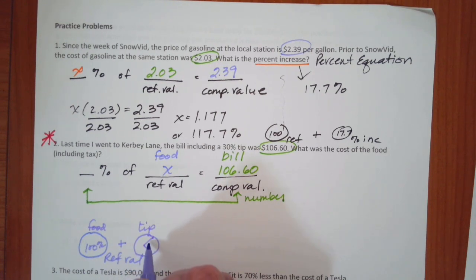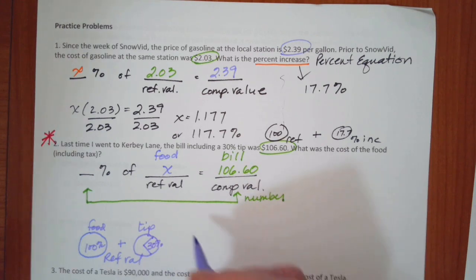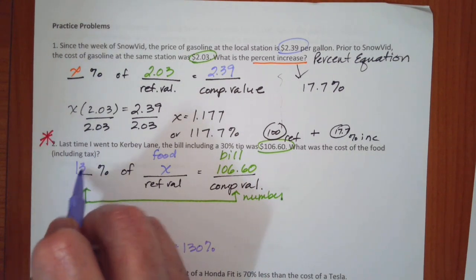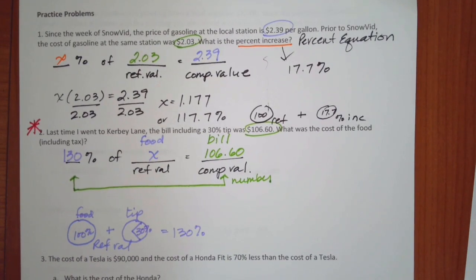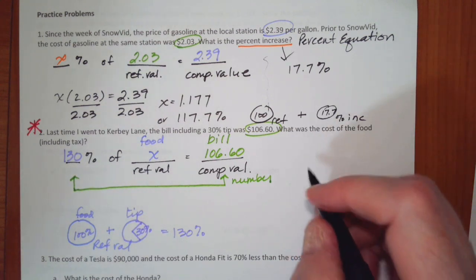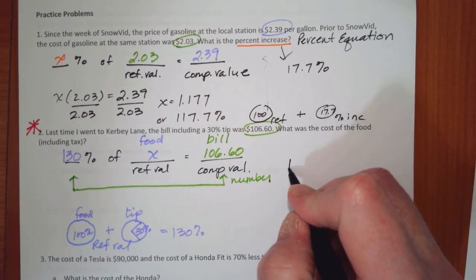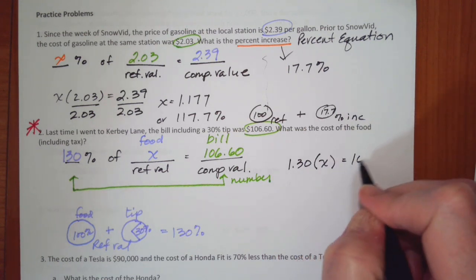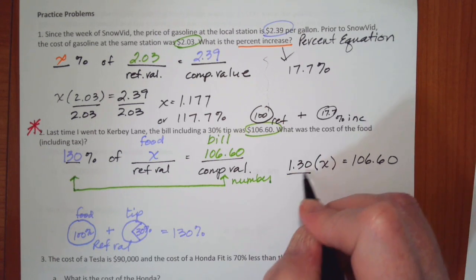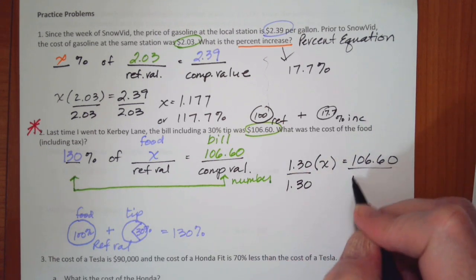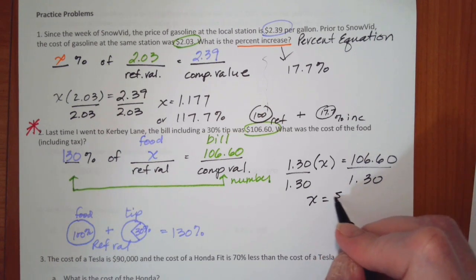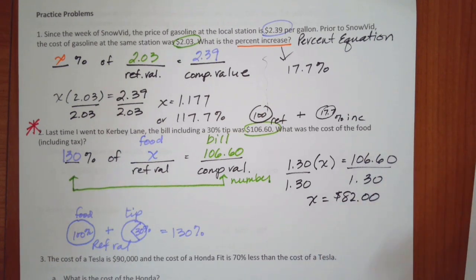So I'm going to have the food plus 30% more, which is 130%. So my equation becomes 1.30 times x is equal to 106.60. Divide both sides by 1.30, and I get that x is $82. That is the cost of the food.